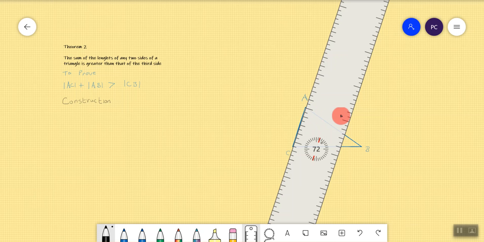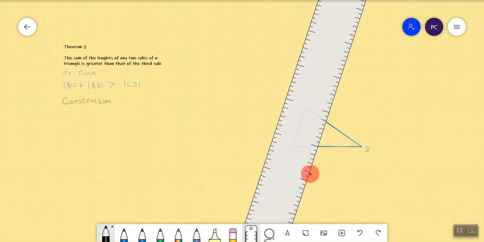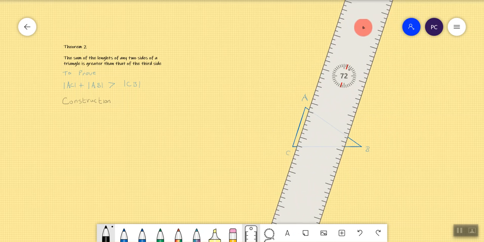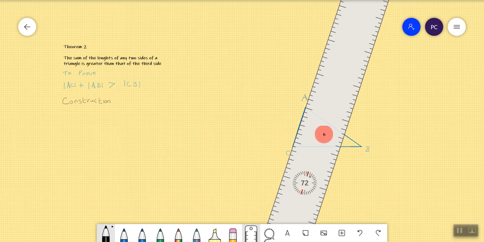Okay, so let me just maybe pull this down a bit. So roughly, we want to create a length of about 10 units, counting 1, 2, 3, 4, 5, 6, 7, 8, 9, 10.